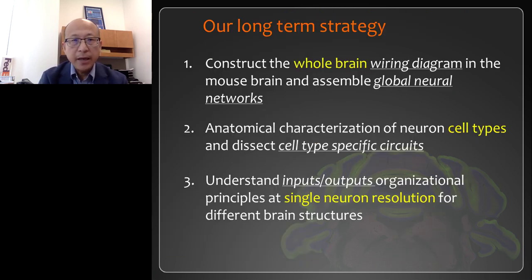For today's talk, I'm going to focus on the first part to report our progress of constructing a whole brain wiring diagram, and how these different neurocircuitries associated with individual brain structures put together as neural networks to conduct different behaviors and functions.